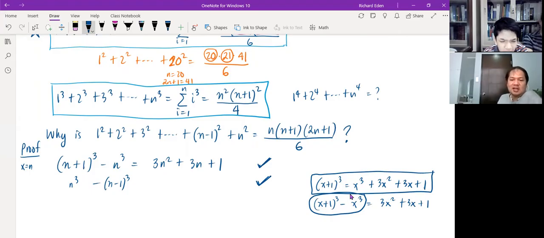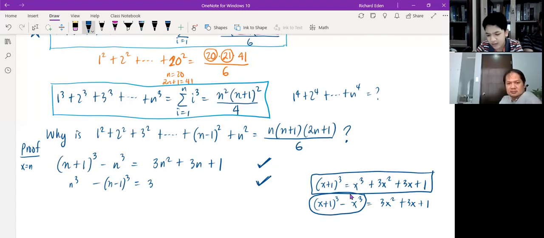So this time, we can guess ko po kasi dyan, kasi parang basically, if you think of n as n minus 1 now, then n plus 1 will become n. It's just a change of variable. So if you replace n with n minus 1, it will be 3 times n minus 1 squared plus 3 times n minus 1 plus 1.